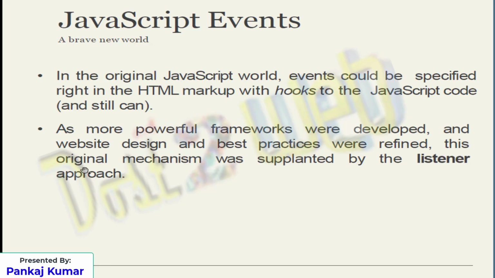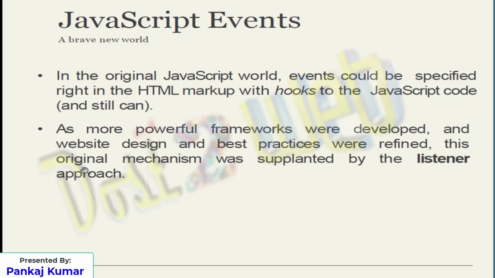In original JavaScript, that is, when we talk about normal JavaScript, events could be specified right in the HTML markup with hooks to the JavaScript code. That means you directly add the event into the JavaScript code.